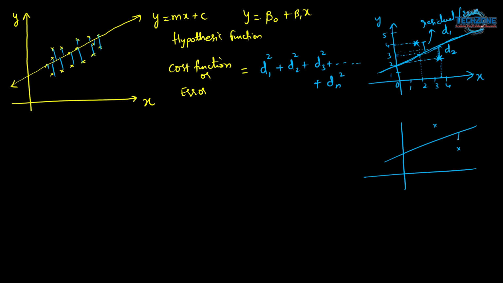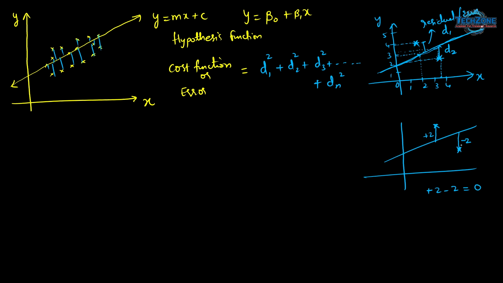Now if we consider the points below the line as negative, let us say this distance is -2 and this distance will be positive, let us take that as +2. So if we just add that +2 and -2, the error will be equal to 0, right? Which means this line should pass through these 2 points, but this line is not passing through these 2 points, right? Because our error should be equal to 0. When will the error be 0?